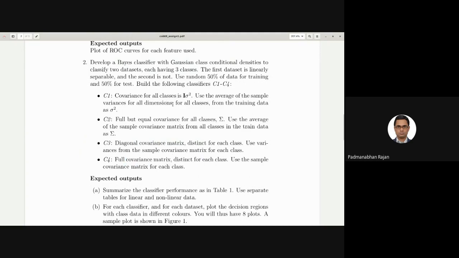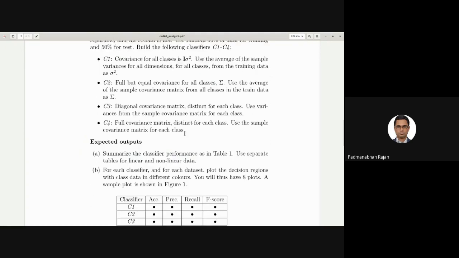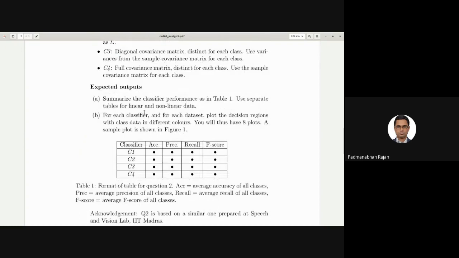In each case, you can use the sample mean and sample variance, just the maximum likelihood estimates. Then you are going to summarize the classifier based on these metrics: accuracy, precision, recall, and F-score. This is class-wise. Accuracy means out of the number of test examples, how many are classified correctly, as a percentage.